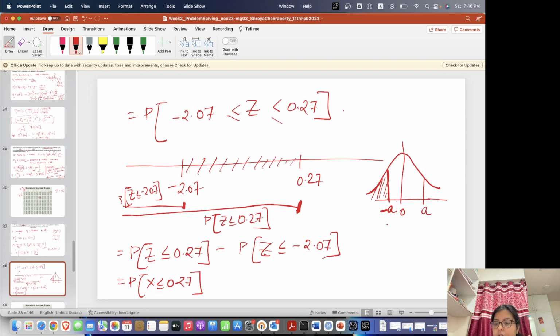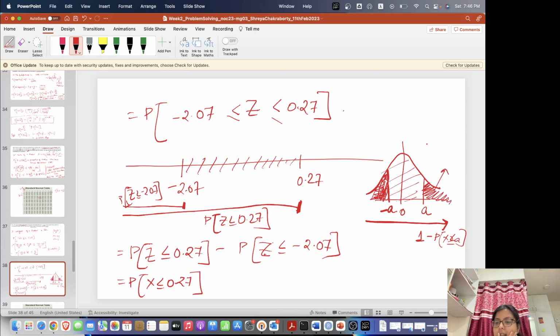So this is the same thing as the total area 1 minus the probability x less than or equal to a, this area, because essentially this shaded part is equal to this shaded part.